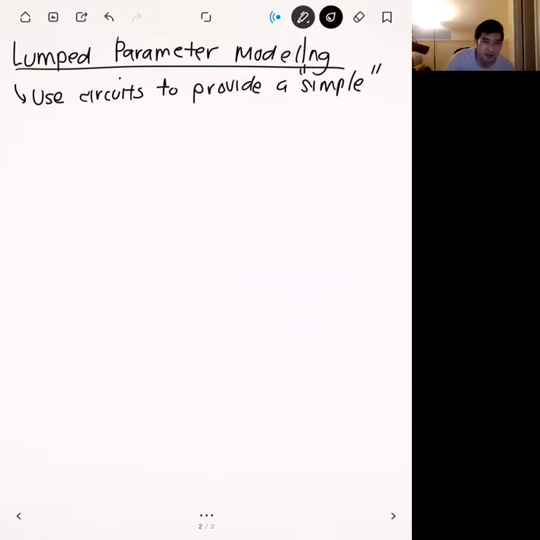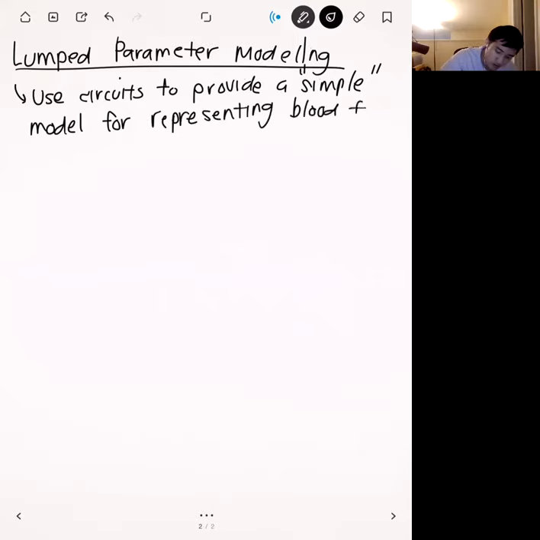It's relatively simple, but even lumped parameter modeling can still get extremely complex in itself. The reason we use circuits is that it's very elegant in its approach.